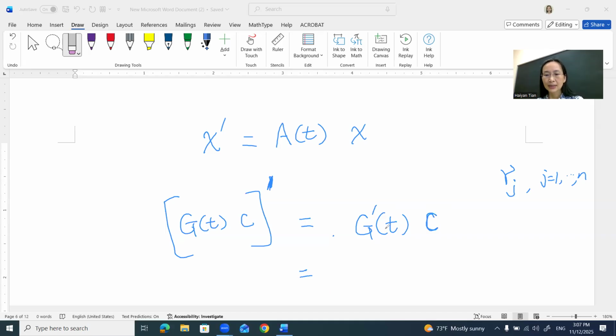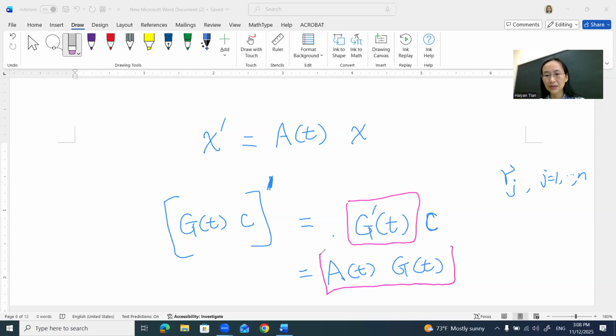And then the derivative of the fundamental matrix, because we know it satisfies the homogeneous equation. So here we notice the derivative of the fundamental matrix is equal to A times the fundamental matrix, because the matrix itself satisfies the homogeneous equation.